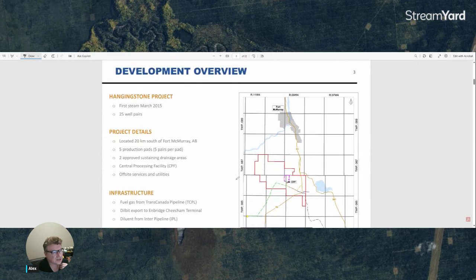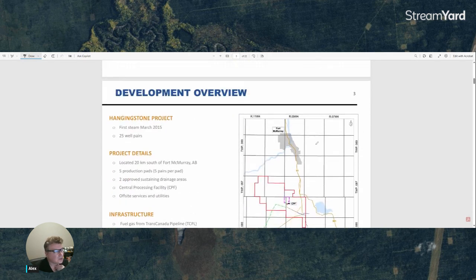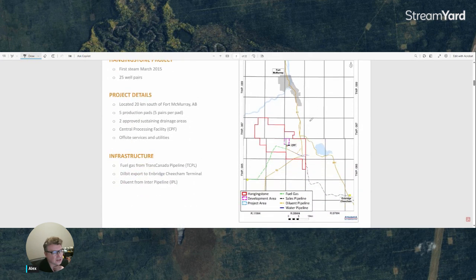So let's overview this asset and see how we tie it back to the concept of NCG, SOR, and the entire recovery scheme called SAGD, Steam Assisted Gravity Drainage. That's what this specific asset is utilizing as a technology. In this development overview of the asset, you have Fort McMurray here, and you have the CPF, Central Process Facility, with surface facilities to handle the steam capabilities and the production of the emulsion and gas flow that comes back to the CPF.